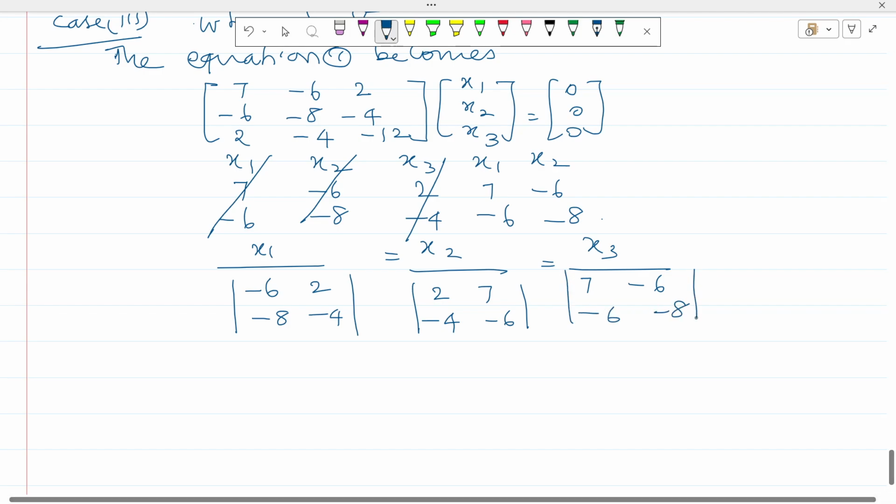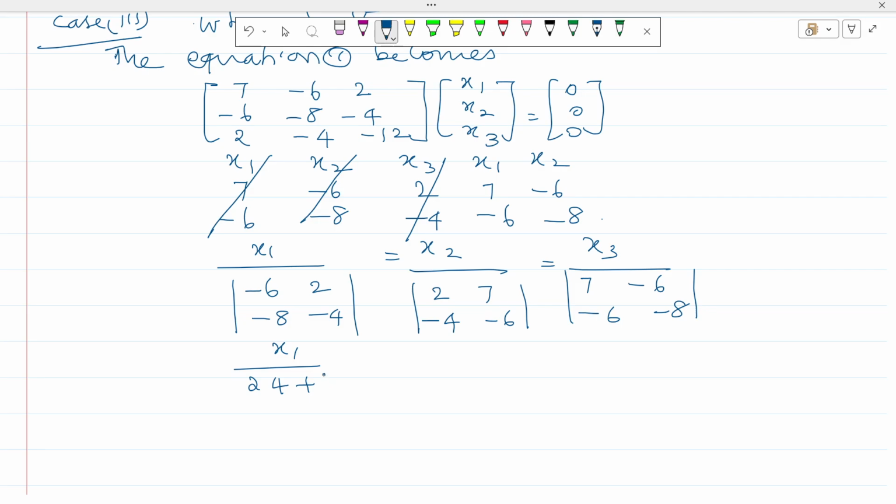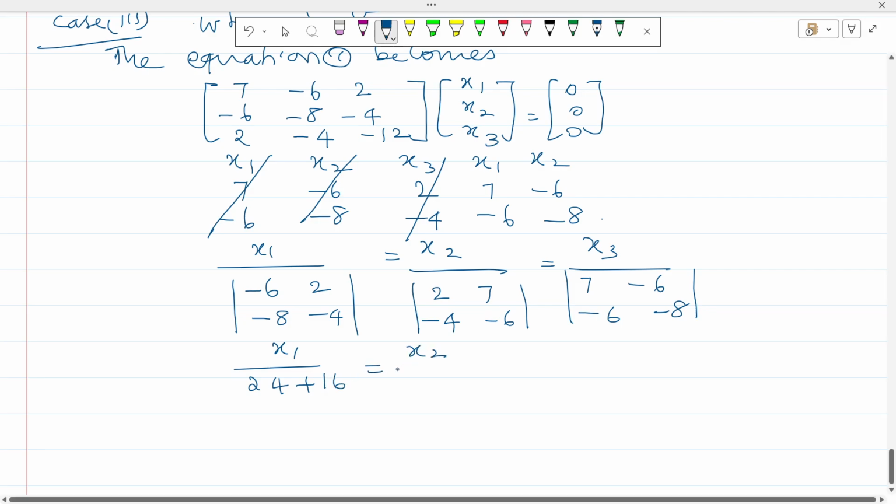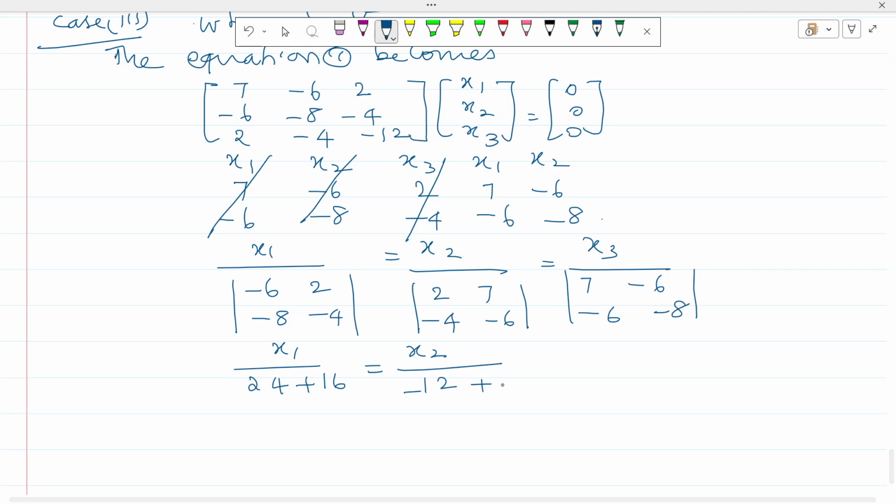You have to carefully write this. So what is x1? 24 plus x2 minus 12 plus 28, x3 by minus 56 minus 36.